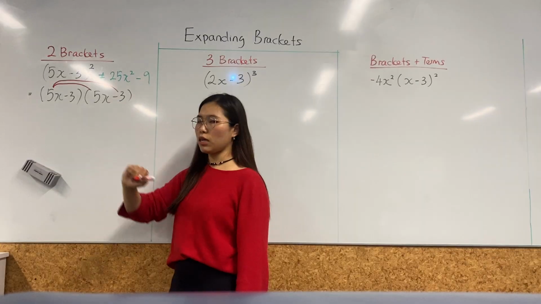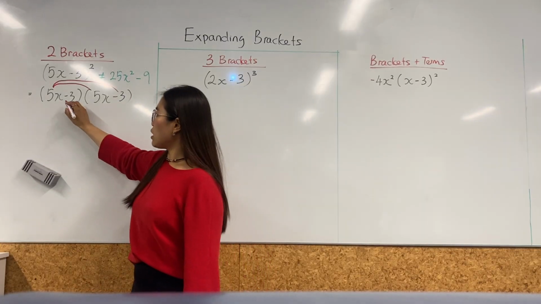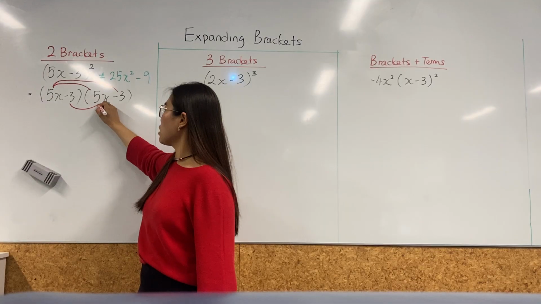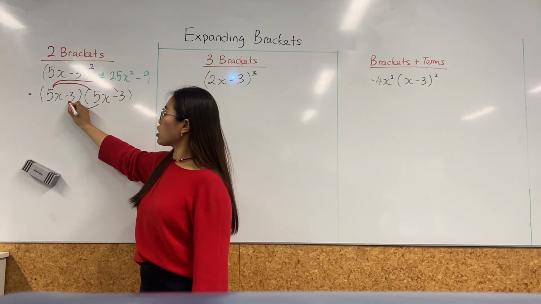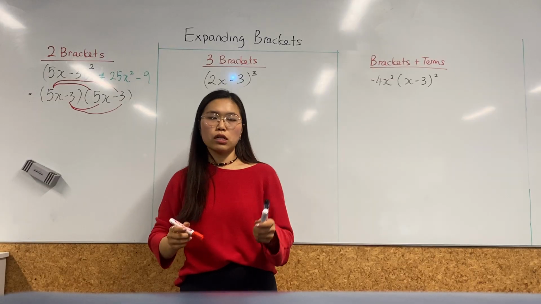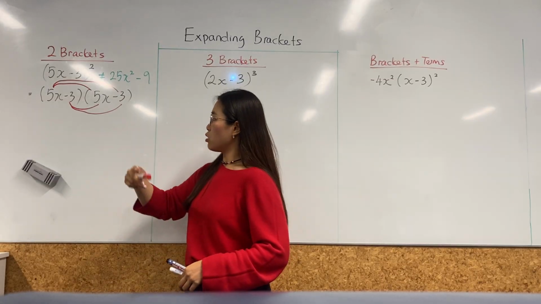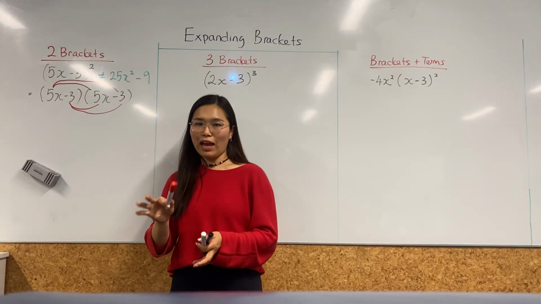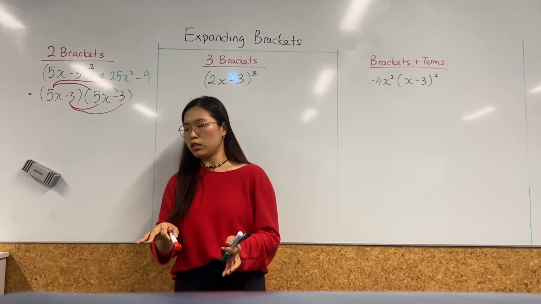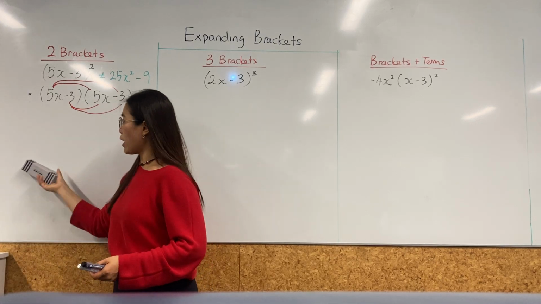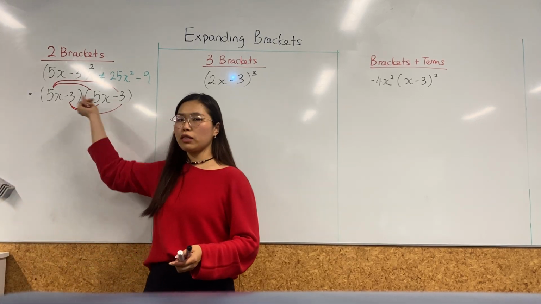Okay, that was the second line that I drew. The next one, now I go to the second term, negative 3, and make sure it's negative 3 times the 5x, and negative 3 times negative 3. Okay, having a good system means you will not do the same thing twice, or miss out any terms, or forget to multiply each other. So start from the first term, multiply the two at the back. The second term, multiply the two at the back.